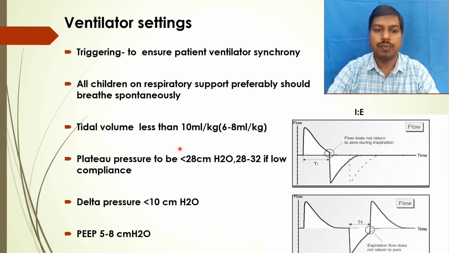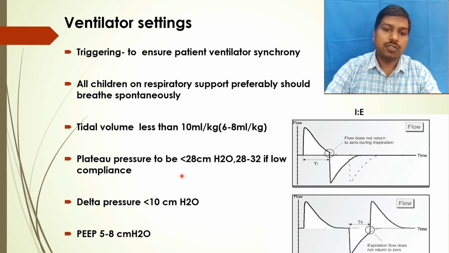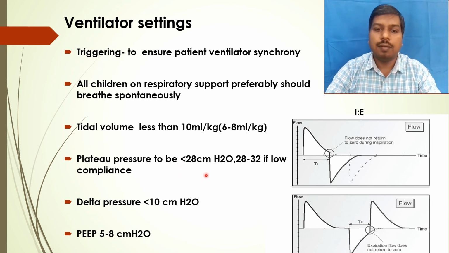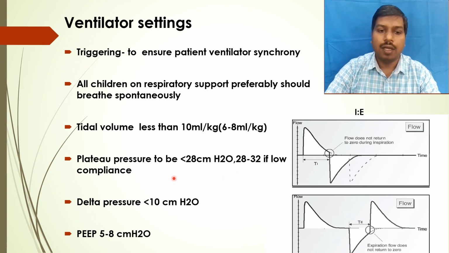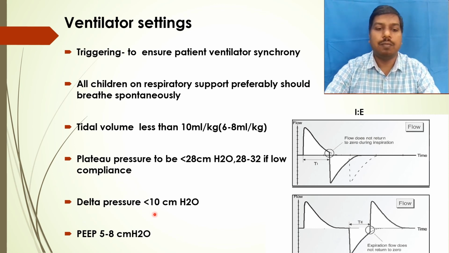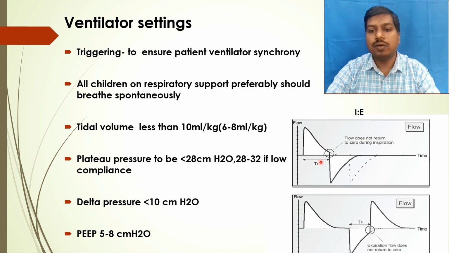The plateau pressure should be limited to less than 28 centimeters of water in a normal lung, or 28 to 32 if the lung compliance is low. We have to keep the delta pressure less than 10 centimeters of water, and we can keep an initial PEEP of 5 to 8 centimeters of water. And regarding the IE ratio, it should be adjusted in such a way that we see whether the expiration is complete or not.